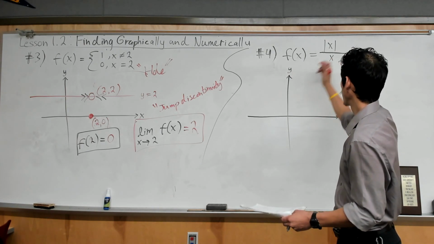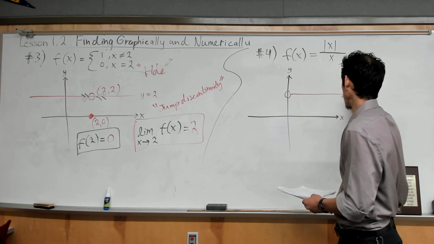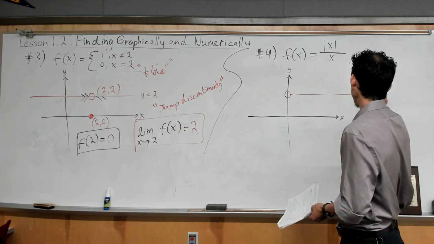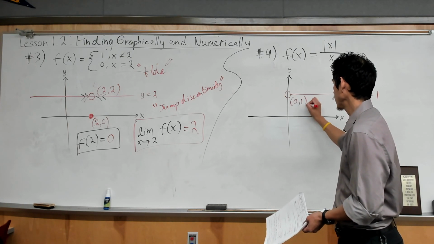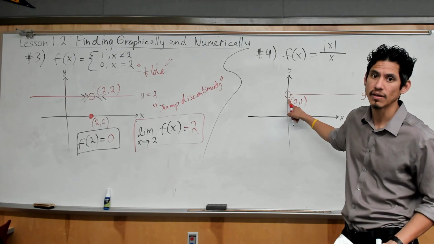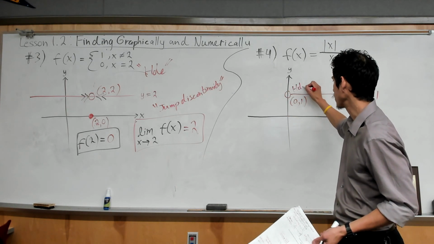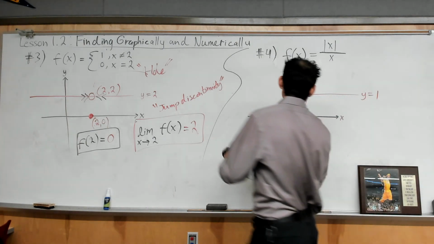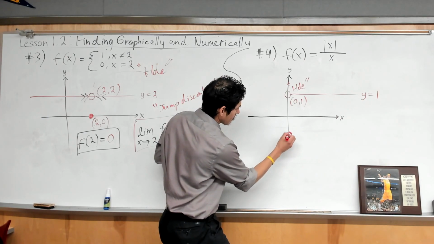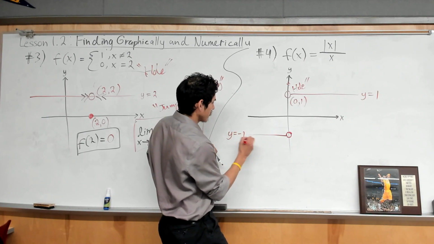So we are going to have an open circle and a horizontal line to the right. We'll just write y equals 1. And we have a point here at 0, 1 that's not filled in. We have a hole at 0, 1. And down here at 0, -1, we can write that this is the line y equals -1.